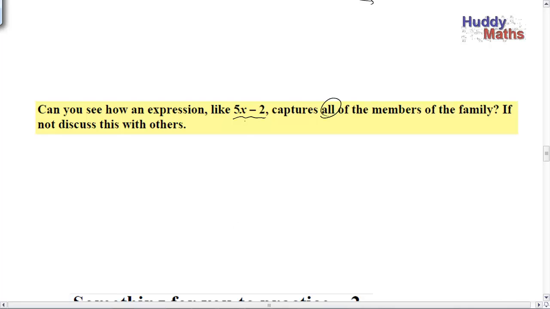Yes, because you could put an infinite number of possibilities in here. An infinite number of x values, having a huge family. And back earlier, we had that x had to be an integer, a whole number. We put that restriction on the family. But it doesn't have to be.